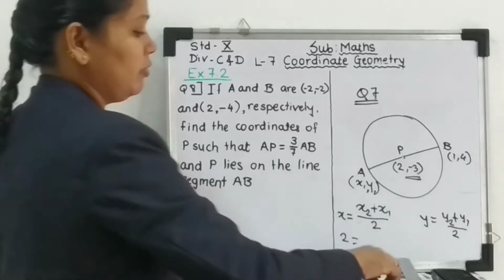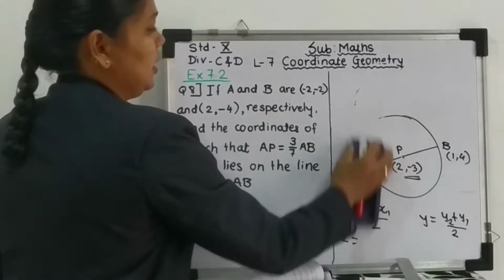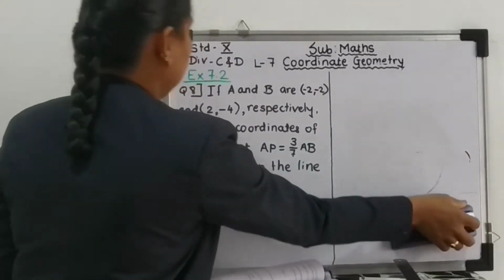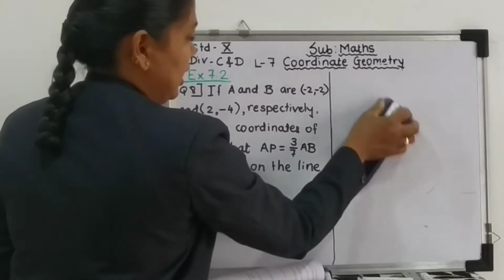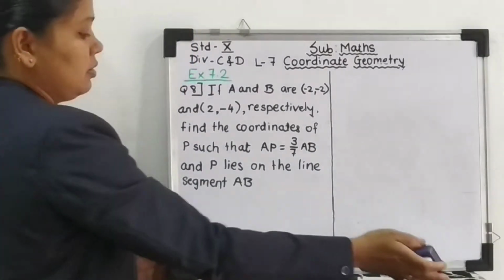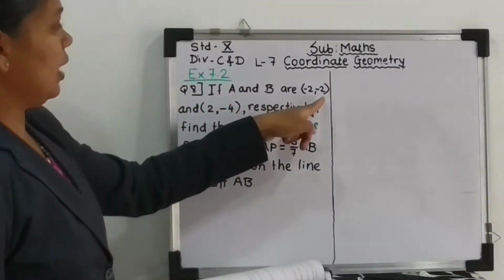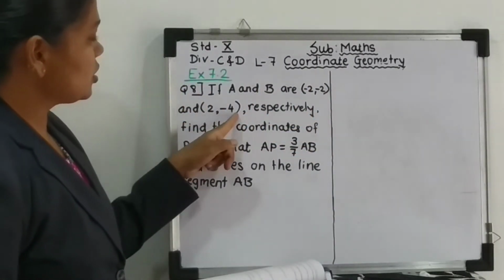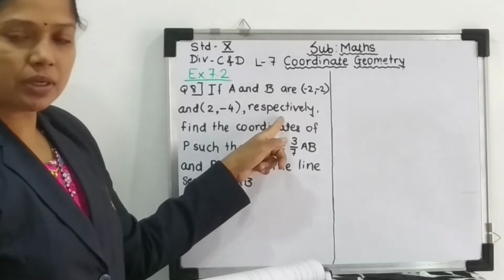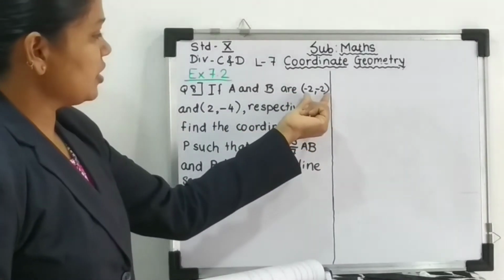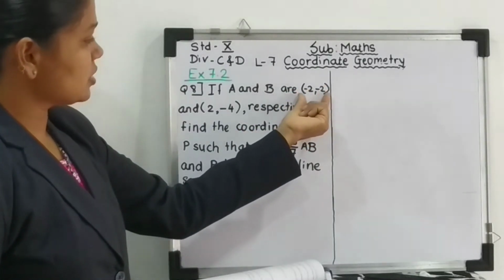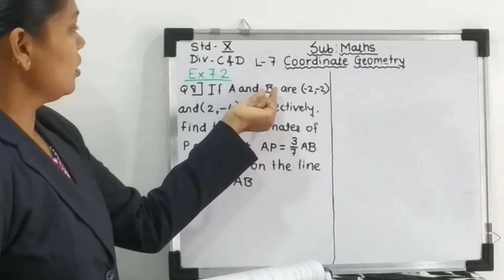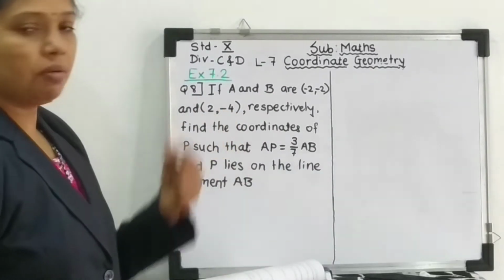Now we will move ahead with question number 8. In this question, see, A and B are (-2, -2) and (2, -4) respectively. Respectively means the very first coordinates belong to A because A is written first, and the coordinates of B are (2, -4).